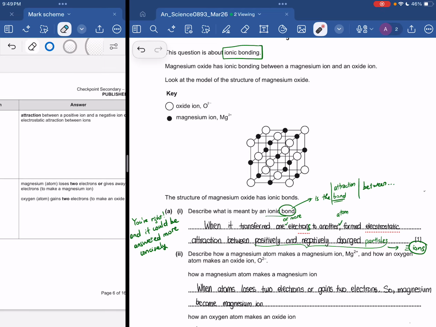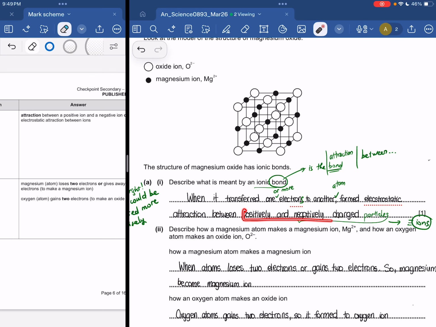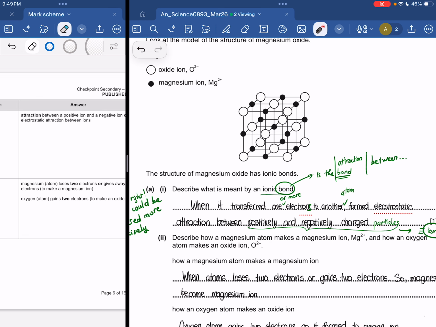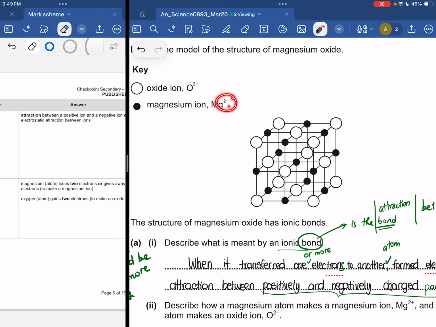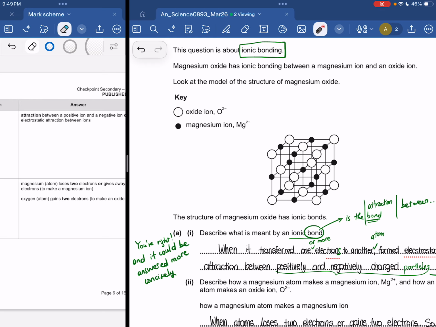Okay, so I would want to add: between positively and negatively charged particles, or you can just say between ions, because ions are the positively or negatively charged particles. And then you mention one electron. Well, it could be more, and you can see that in this case it's 2, not just one electron. So we should have a plural form here to make it more accurate.